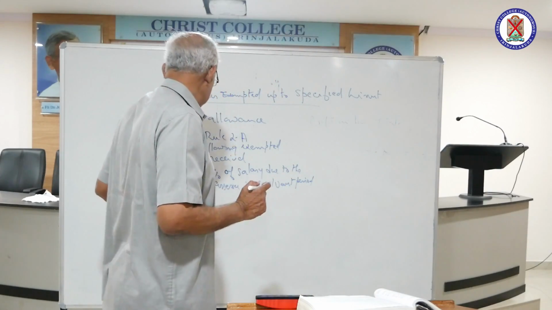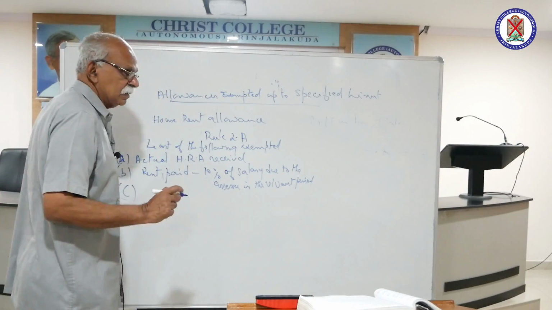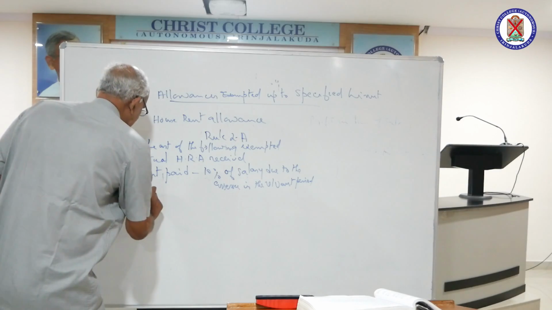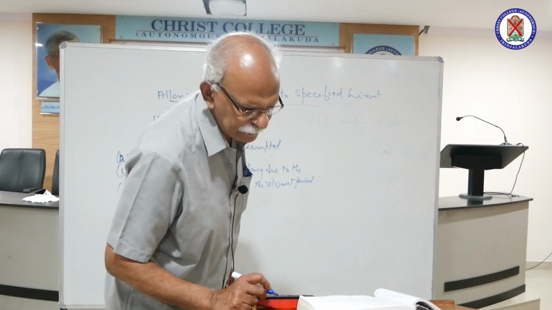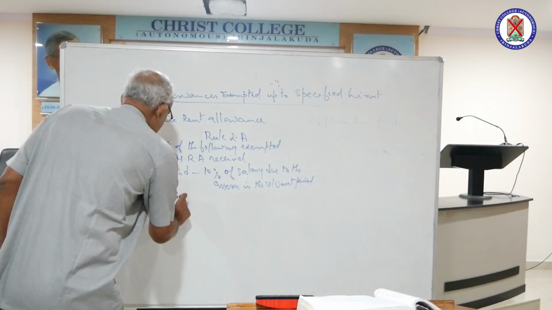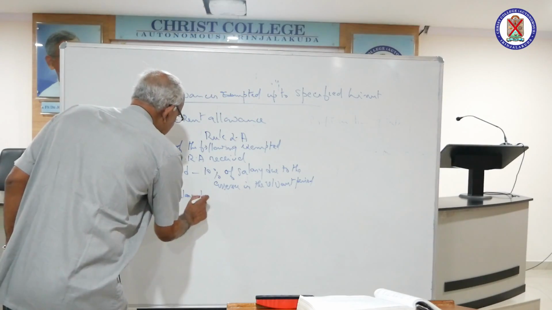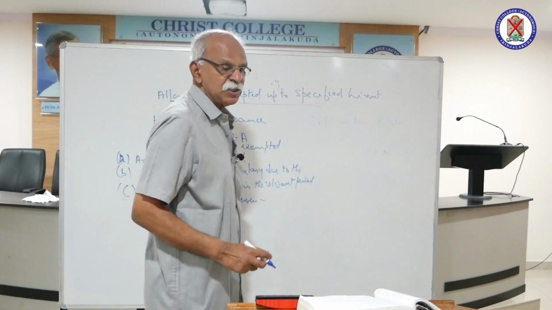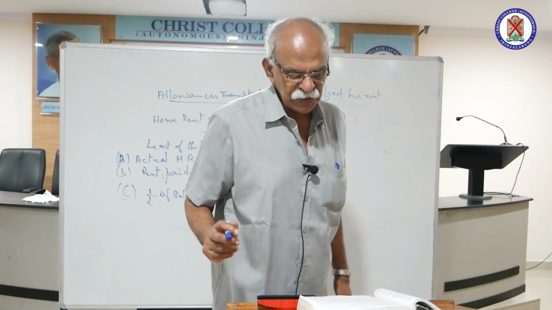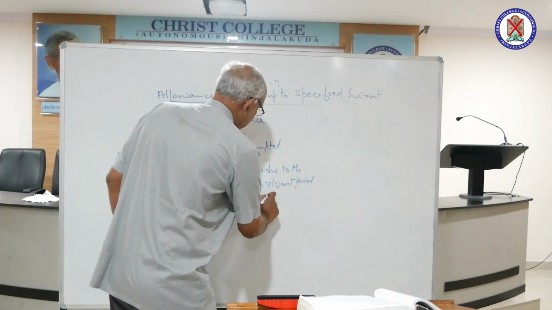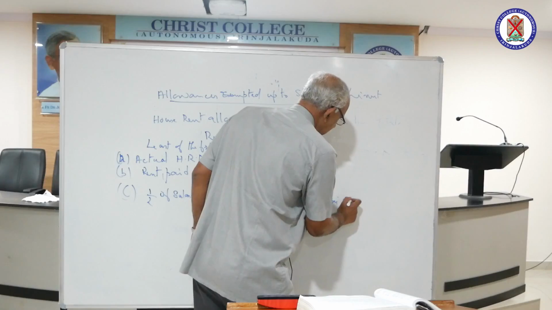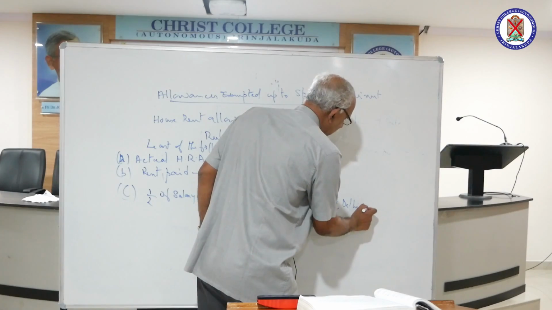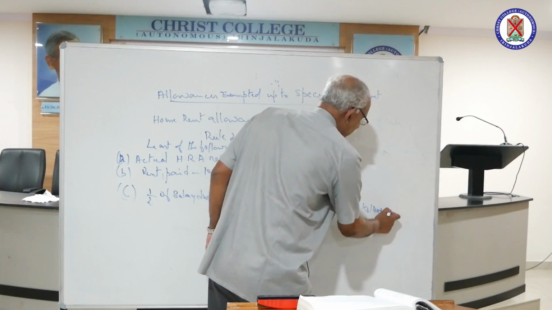C. 1/2 of salary due to the assessee if the accommodation is situated in the four big cities: Mumbai, Delhi, Kolkata, Chennai.